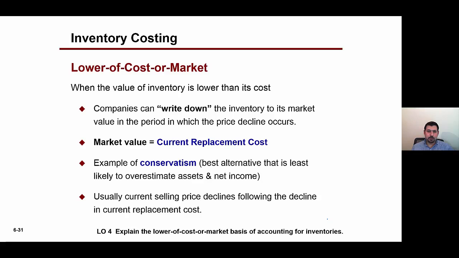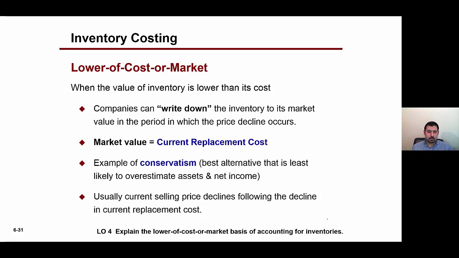Take, for example, precious metals, or let's give an example. Let's say that Best Buy still has Pentium 3 computers, and when they purchased them originally, each one of them cost $600 to Best Buy. So the cost was $600, but it does not make any sense for Best Buy to keep reporting this inventory at cost at $600, because now no one will basically buy it for that amount.